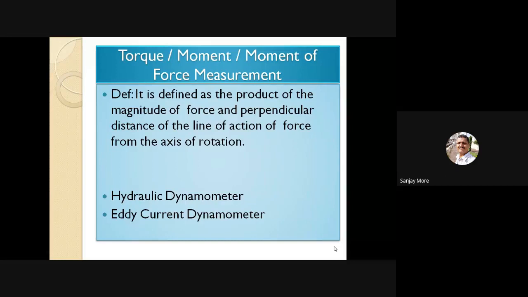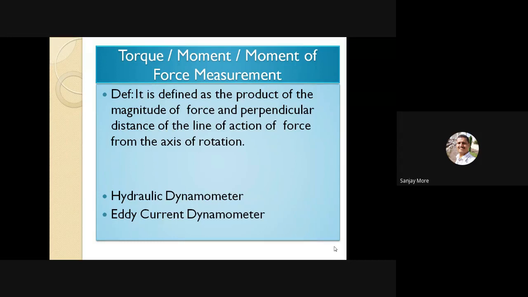Then give the heading instrument used in measurement of torque.